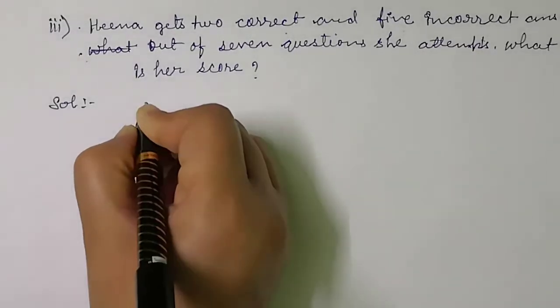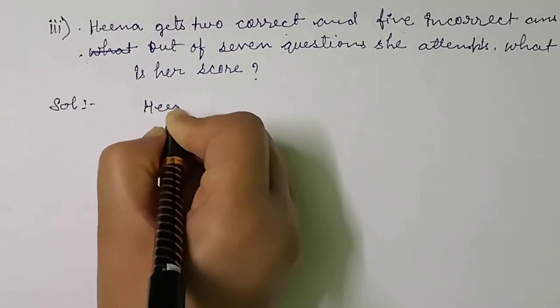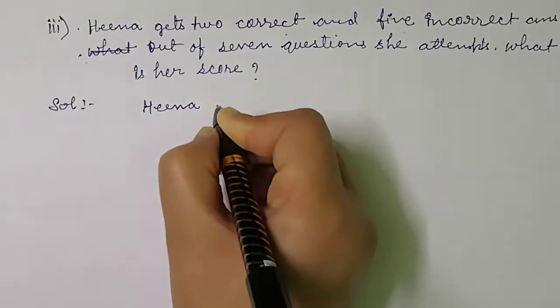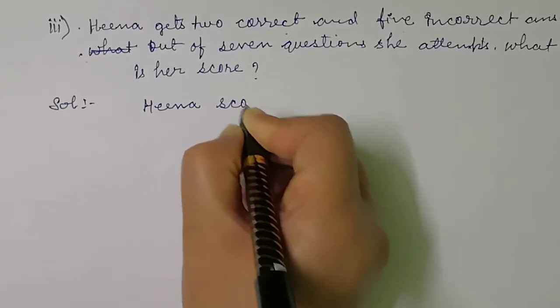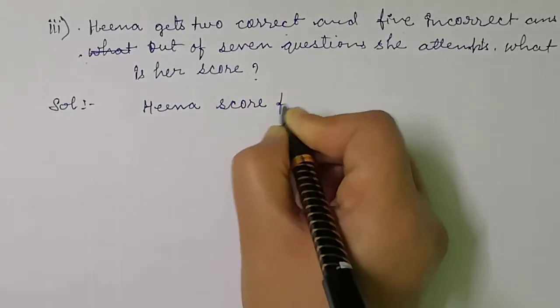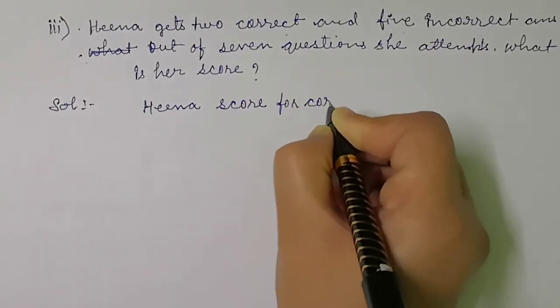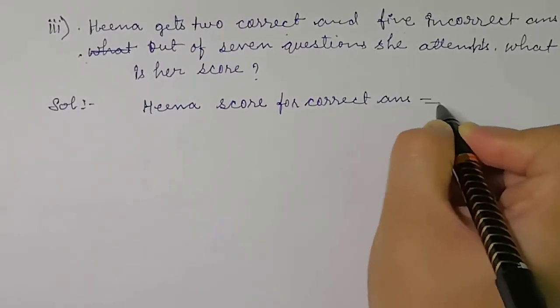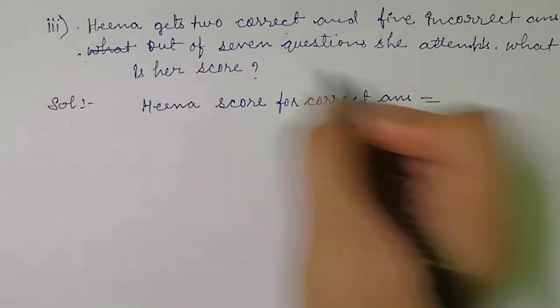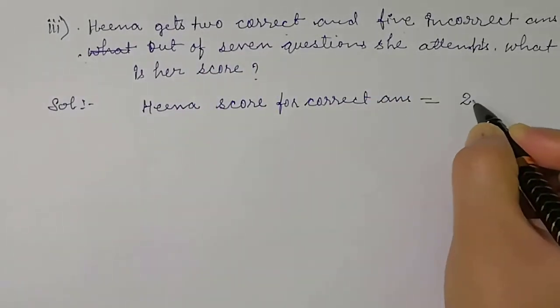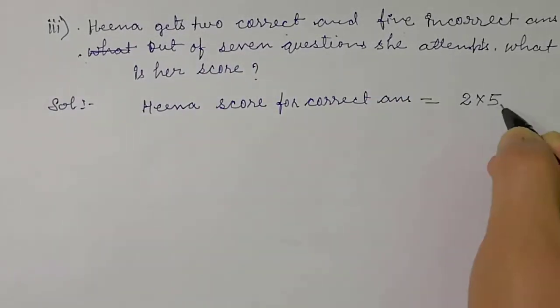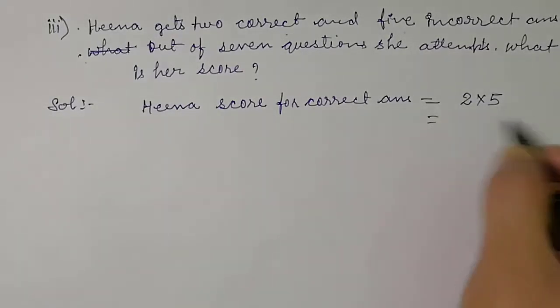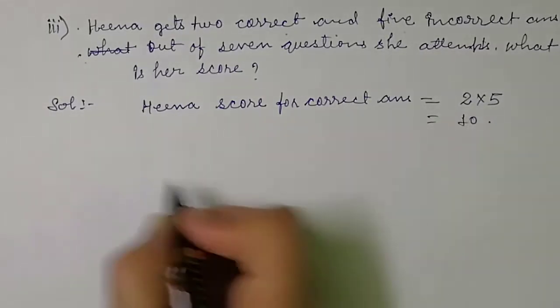So Hina's score for correct answers: 2 is the number of correct answers, and 5 marks for each correct answer. 5 2s are 10.